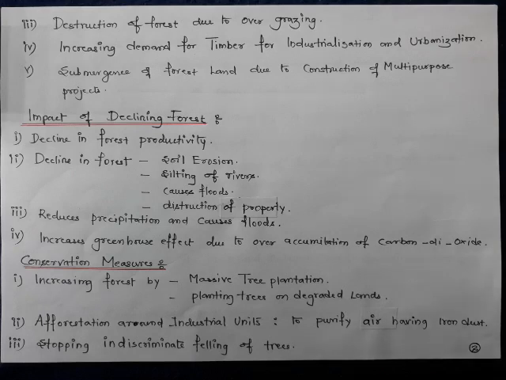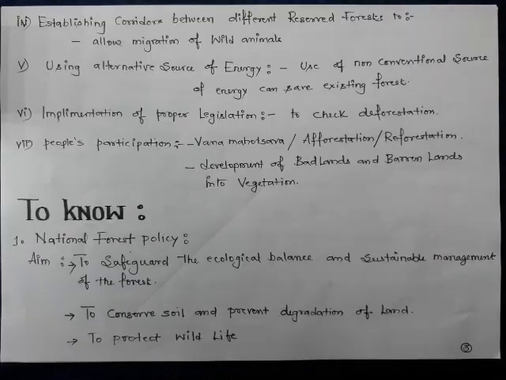Stopping indiscriminate felling of trees, establishing corridors between different reserve forests to allow migration of wild animals, using alternative sources of energy. Use of non-conventional sources of energy can save existing forest. Implementation of proper legislation to check deforestation. People's participation is very important.